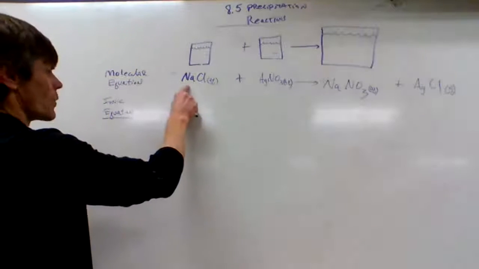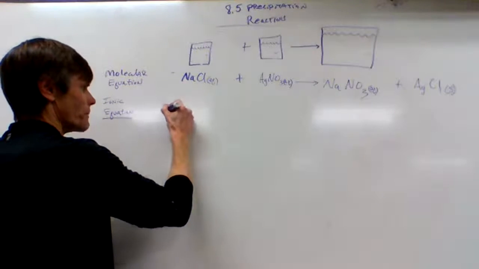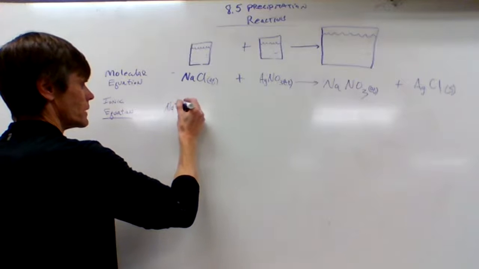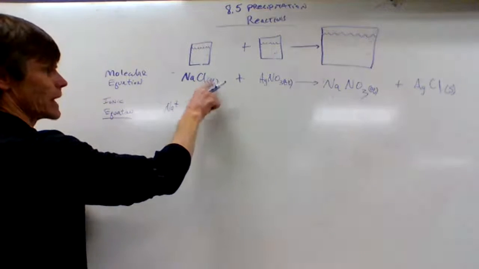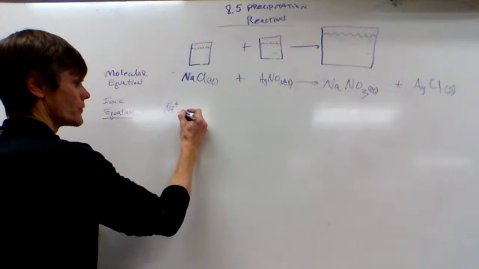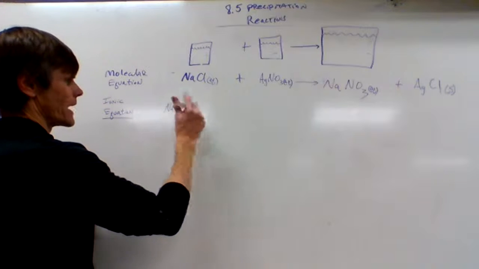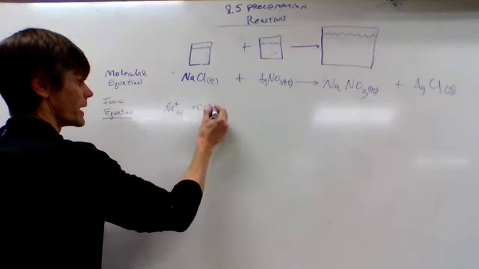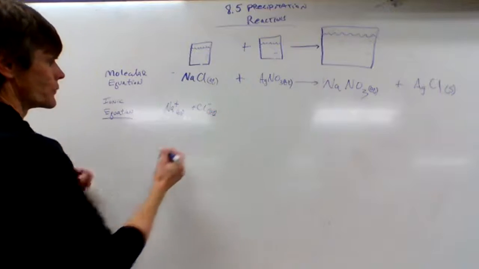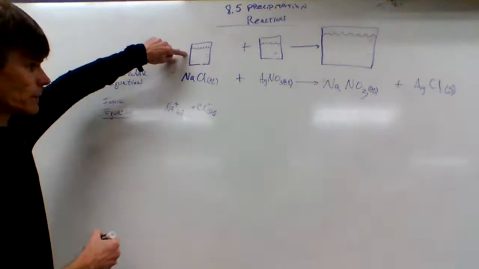So the ionic equation gives us a better representation as to what's happening in solution. AQ tells us these are silver cations and chloride ions that are floating around in this environment.